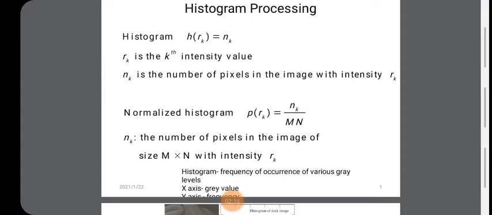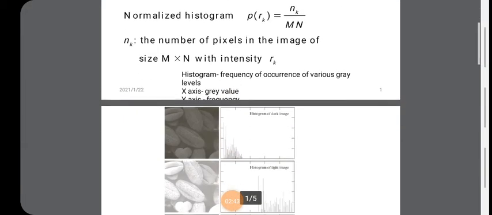If more zeros appear in the image, we can say it is a black image. If there are mostly 255s, it is a pure white image. So the number of occurrences of particular gray levels determines the quality of the image. This is what the histogram is for. In a histogram, the x-axis is the gray value and the y-axis is the frequency of occurrence of that gray value.